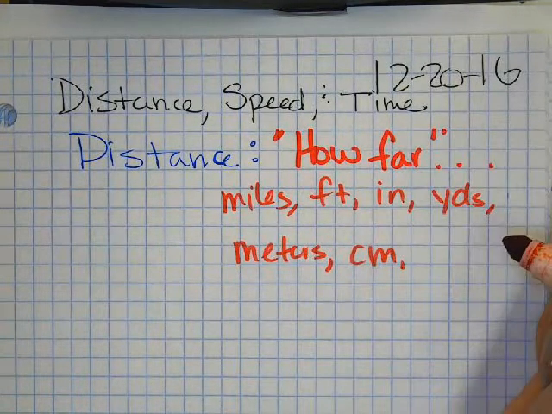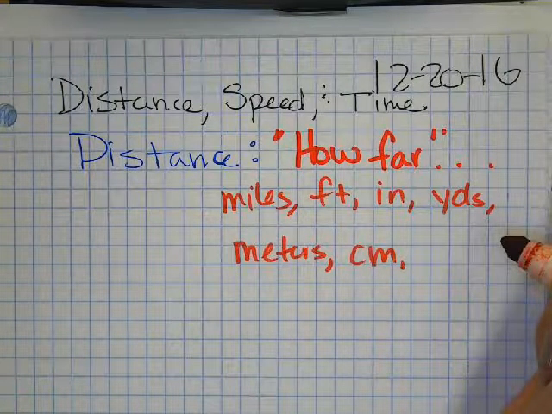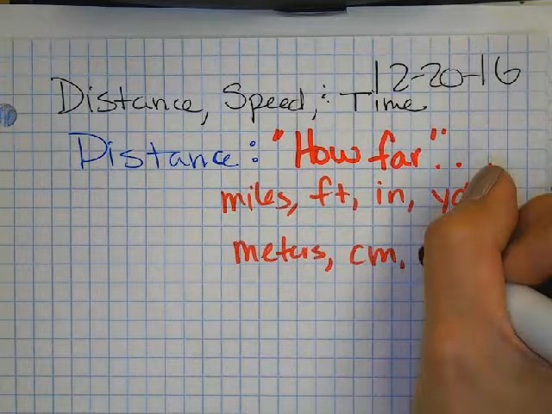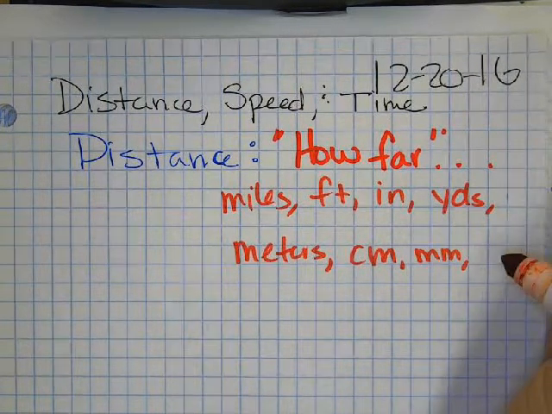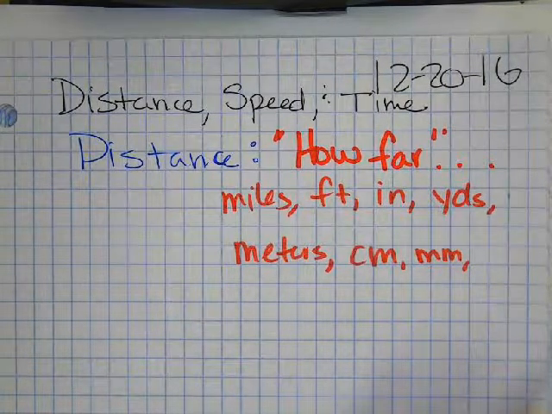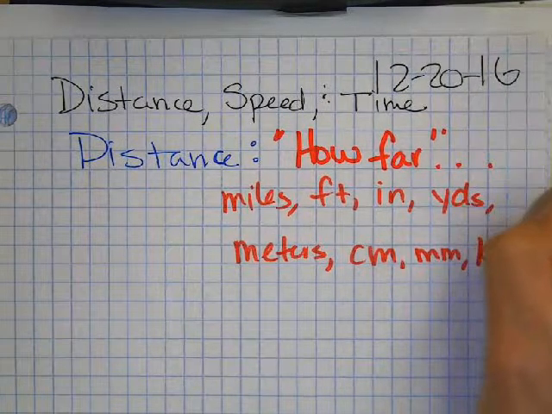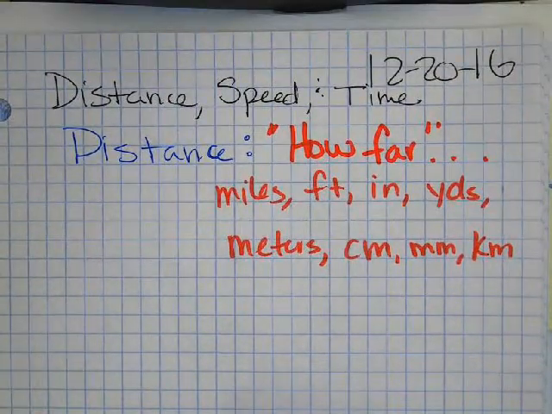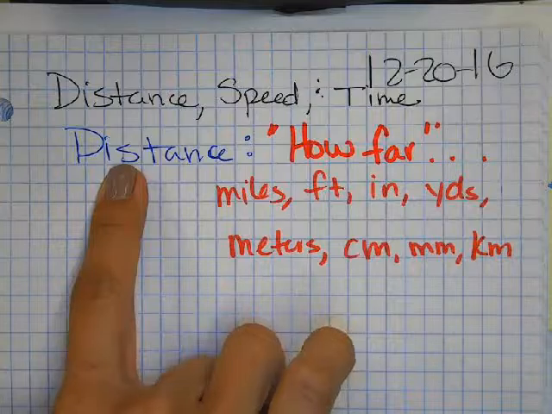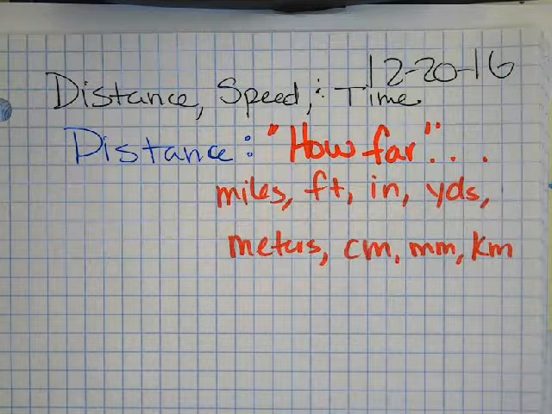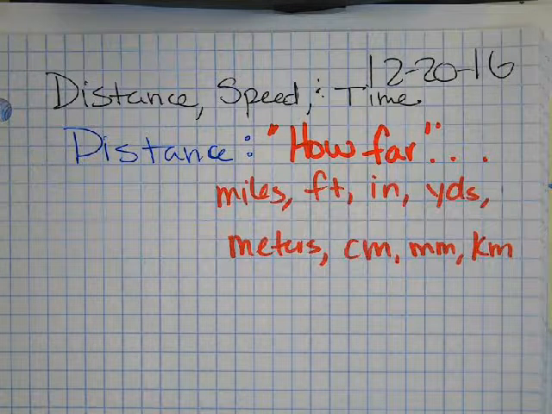I got inches. One more. Millimeters? Okay. km. What does km stand for? Alright. Thank you. So, distance is measured using miles, feet, inches, yards. And depending on what we're measuring is the units that we use.